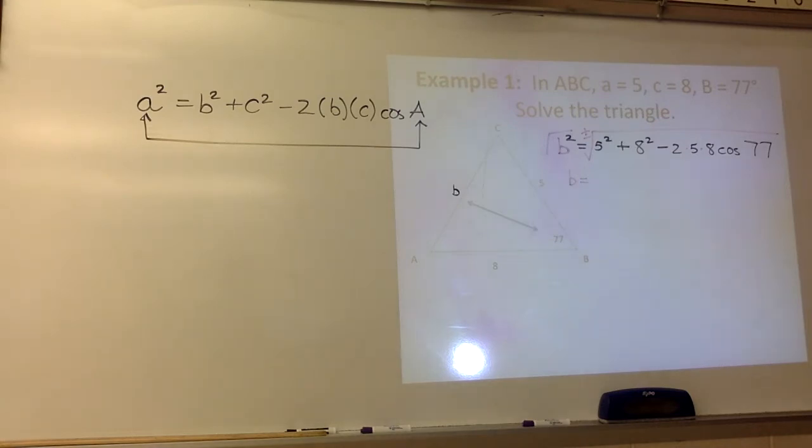Put the whole right side in, hit enter, and then take the square root of the answer. The whole right side is by itself already, right?